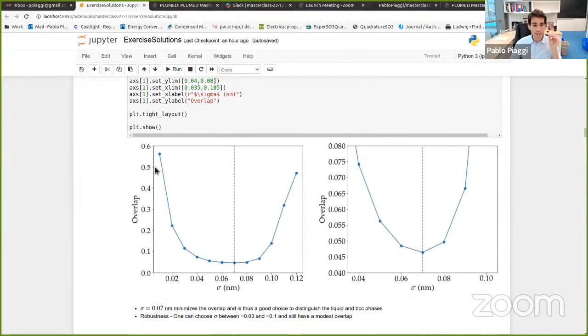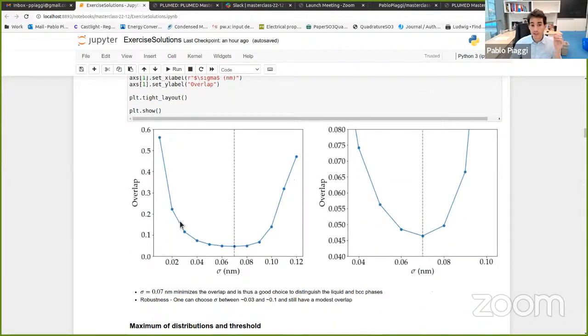Okay, so here I'm plotting overlap versus sigma, and you can clearly see that there's a minimum. If we zoom in this region, here we see the minimum even better. So the best choice of sigma for the collective variable is this one. It is the one that will distinguish best between the structures that we're considering.